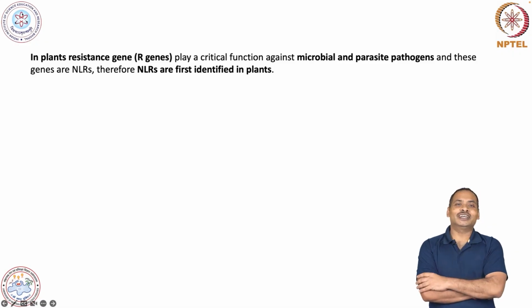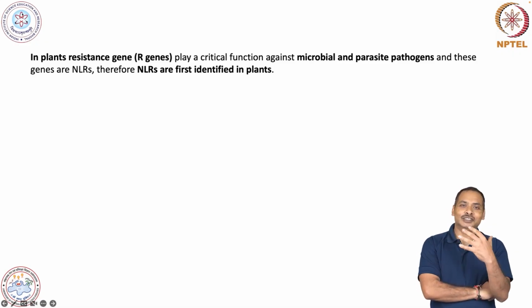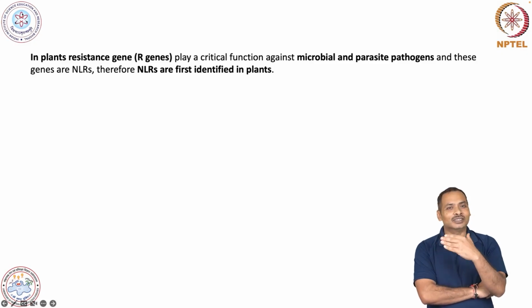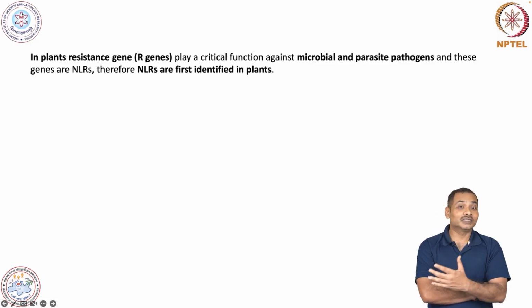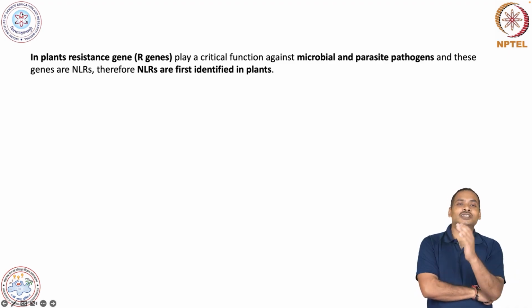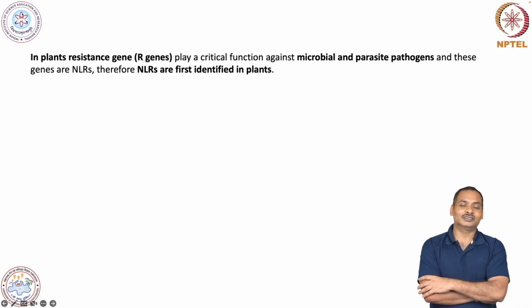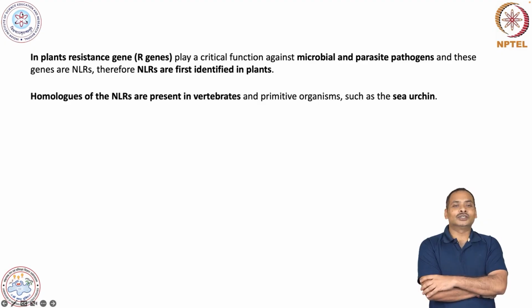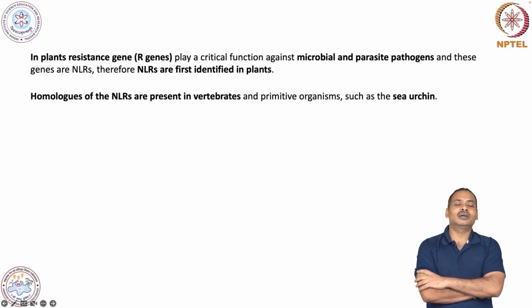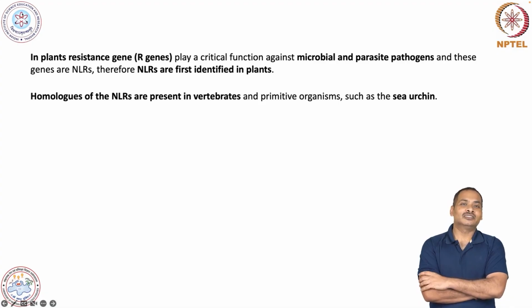Here you are seeing that NOD-like receptor members are also present in plants, and they play a crucial role in defense. The homologues of these NOD-like receptors are present in vertebrates.